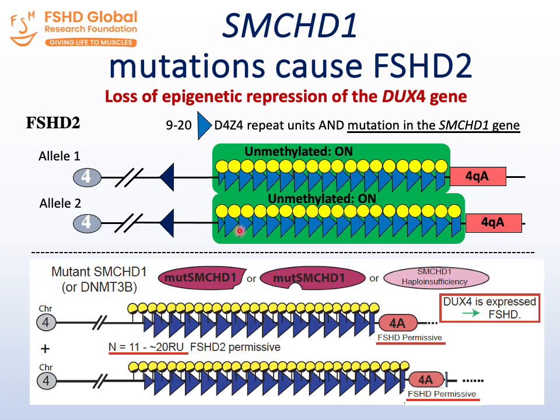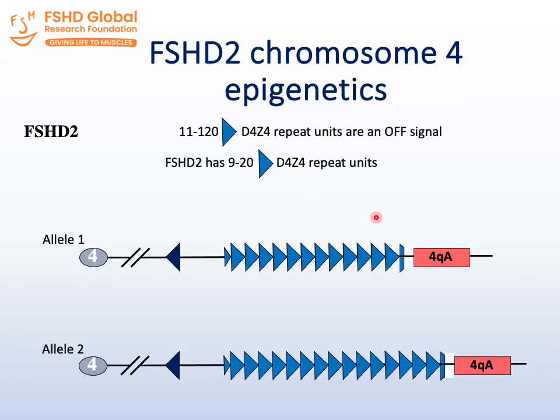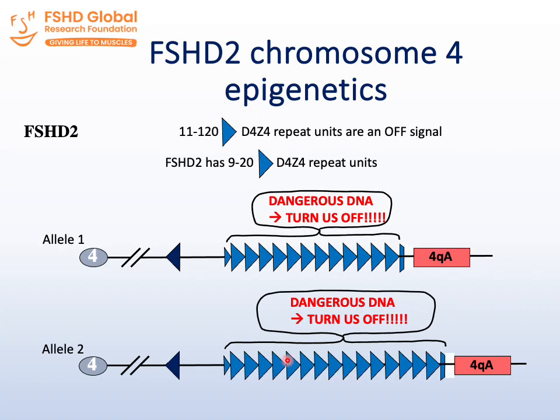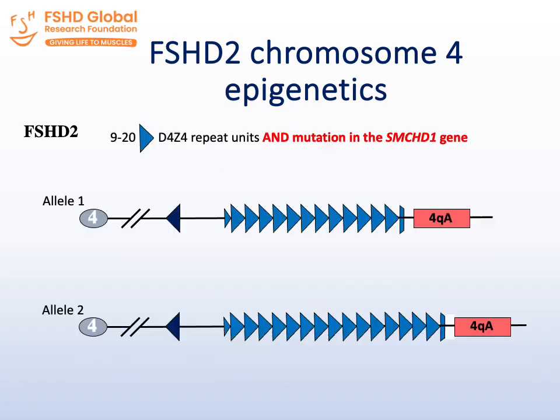So, genetically, FSHD2 looks similar to non-FSHD, but epigenetically, it's a big difference, okay? So what's going on? Epigenetically, your genome is going to say, hey, lots of repeats, more than 10, so turn this off. The signal is there, it says turn me off, let's keep this gene off.